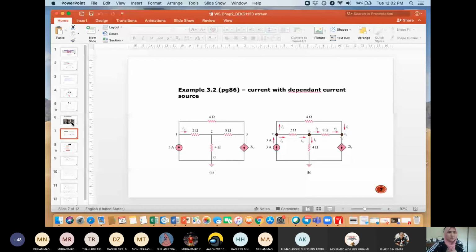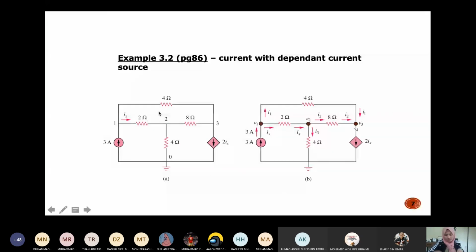Given a circuit like this, the question asks you to find, because you have 3 nodes, V1, V2 and also V3. So you look at here, you have 3 nodes, 1, 2 and 3. This is V1, this is V2 and this is V3. Okay, so now let's do example 3.2.